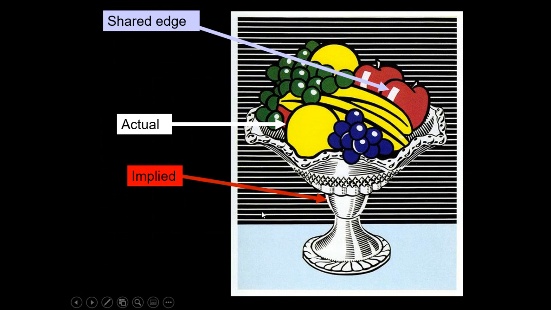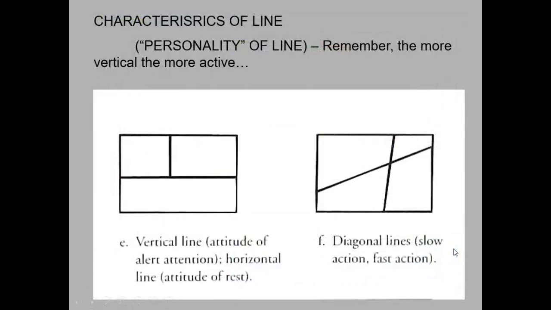And then there are also lines where the black line of the background stops before it touches the fill and creates this implied line around the outside. Pretty clever. Lines also can have what we call personality, or you can think of them as having different levels of activity or implied movement.